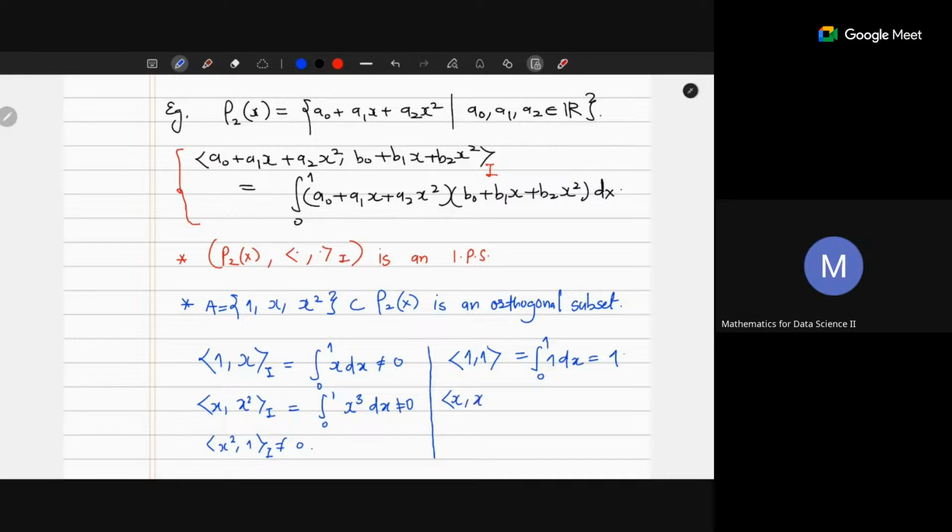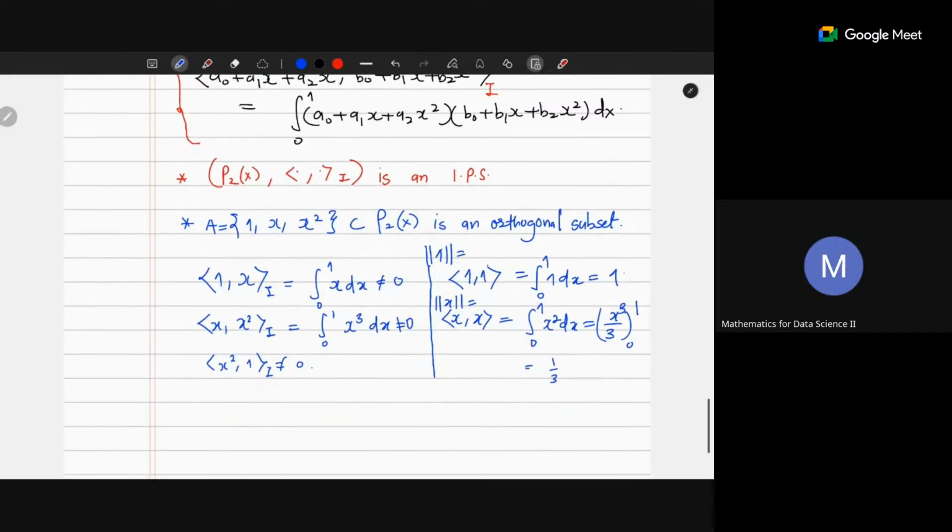Except that if you calculate the norm of any other vector, so norm of x, let's say, norm of x squared is equal to the inner product of x with itself. Now, what does it mean? It means x multiplied with x, it is x² dx. First of all, it is going to be x³ by 3. That's the integration, 0 to 1. If you solve that limit, you will get 1 by 3.